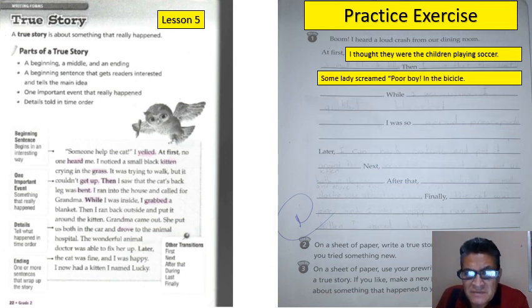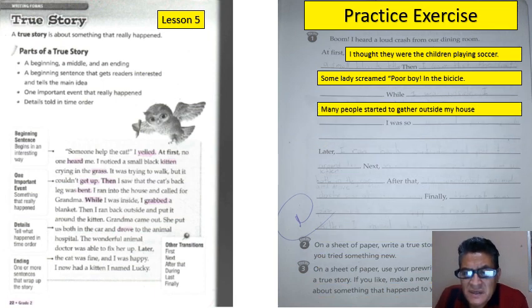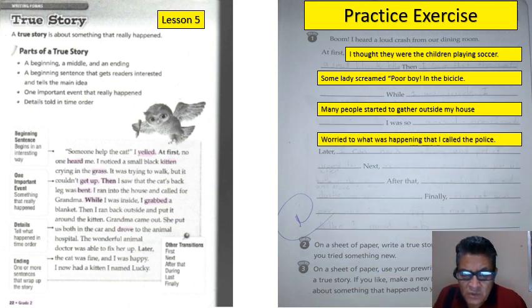Some lady screamed, "Poor boy in the bicycle." Then while, see, special words during, many people started to gather outside my house. See, many people were getting outside the house. So I was so worried about what was happening that I called the police.